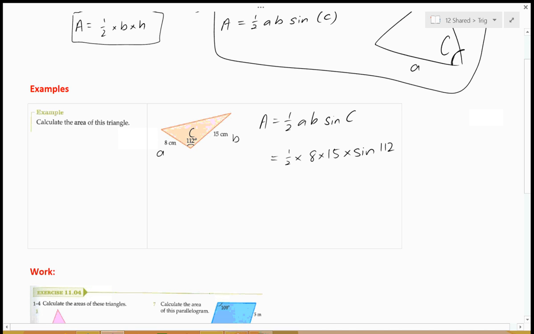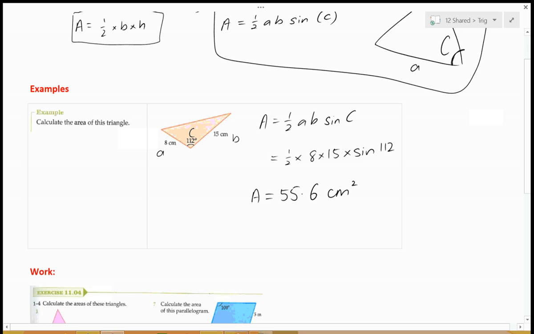So you go 0.5 times 8 times 15 times sine 112. That gives me an area of 55.6 centimetres squared.